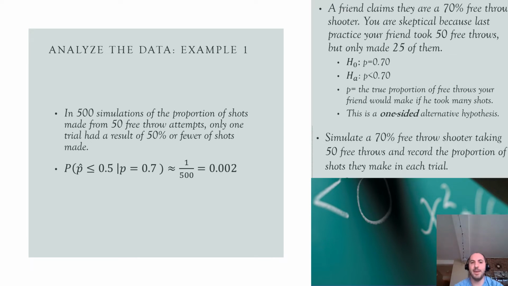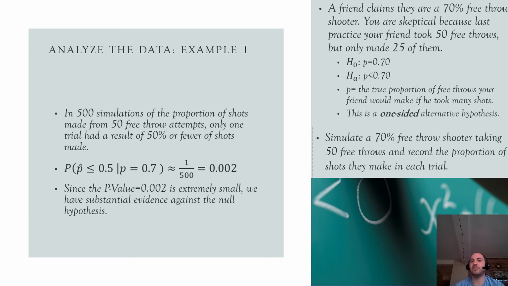So that meant my p-value is 0.002. And since that's very small, the probability of a 70% free throw shooter making 50% of their shots or fewer, that's substantial evidence against the null hypothesis. So we reject the null hypothesis and accept the alternative hypothesis that says your friend is a sub 70% free throw shooter. So they're overestimating their abilities here.